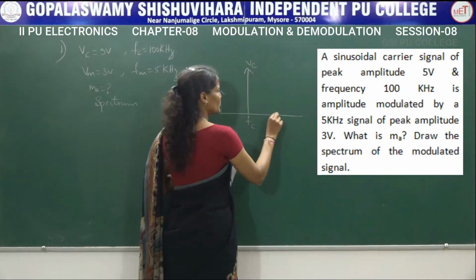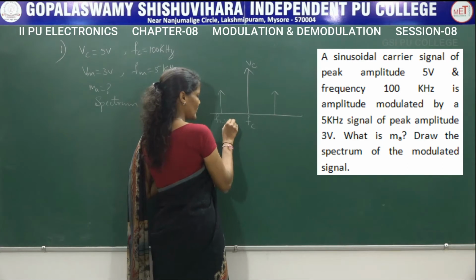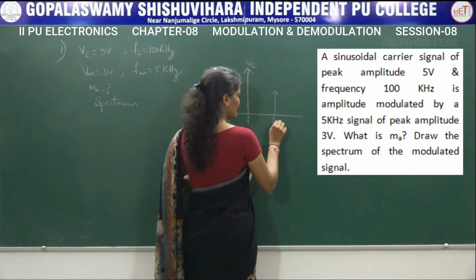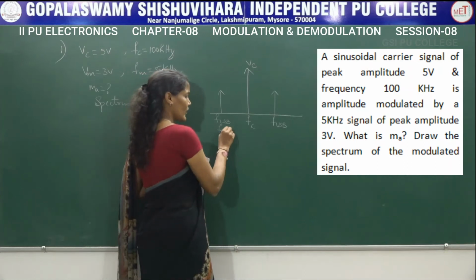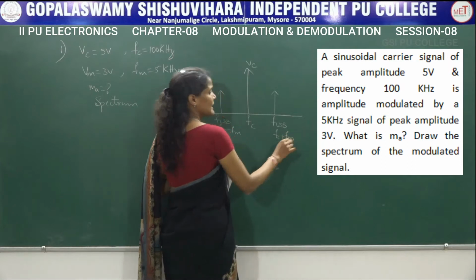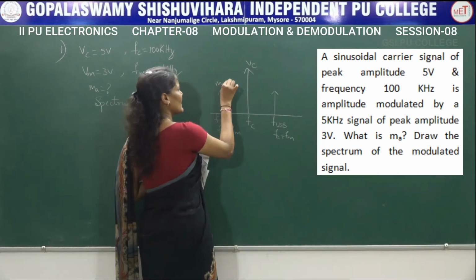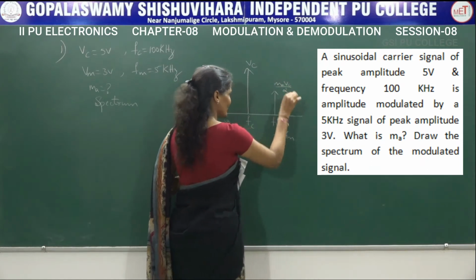And we will have two sidebands, named FLSB, that is the lower sideband, and the upper sideband FUSB, whose frequencies are Fc minus Fm and Fc plus Fm. The amplitude of these two sidebands is the same, that is Ma Vc by 2.